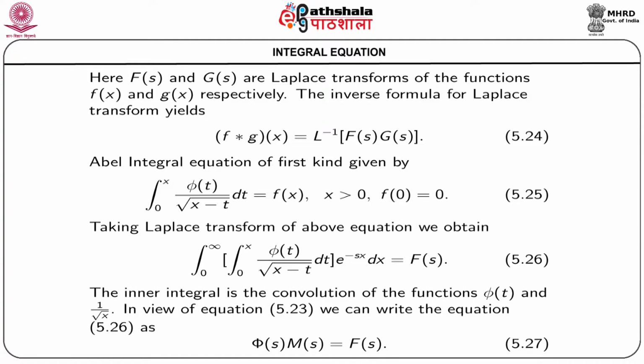Now we come to Abel integral equation in its simplest form, which is given by equation 5.25. Here the kernel is 1 by root over x minus t, and the range of integration is from 0 to x, and phi t is the unknown function, and f 0 equal to 0.